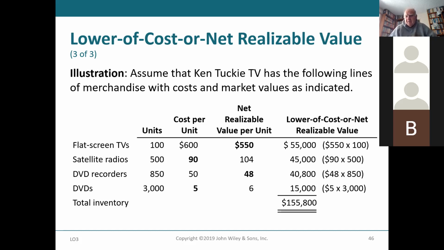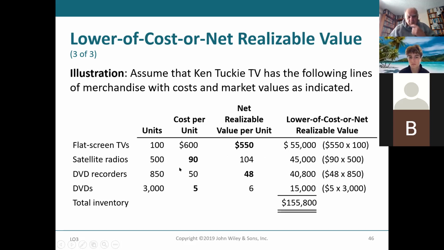But guess what? The technology improves and people are not buying flat screen TVs, certainly not for $600. The prices come way down to $550. So we have to choose the lower of cost or market. What's lower? $550. Therefore, you take 100 times 550 equals 55,000.